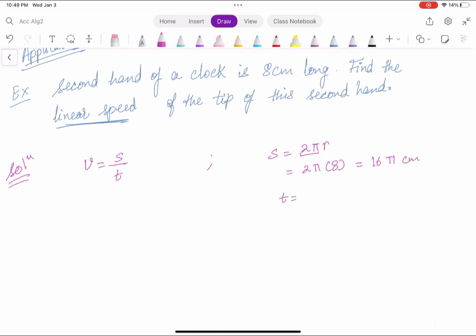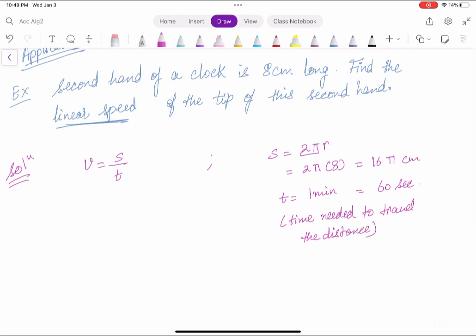That is the length, right? The outside length, the circumference of the clock. And t is 1 minute or 60 seconds. So it needs 60 seconds, the time needed to travel the whole distance. But they want the answer in seconds.